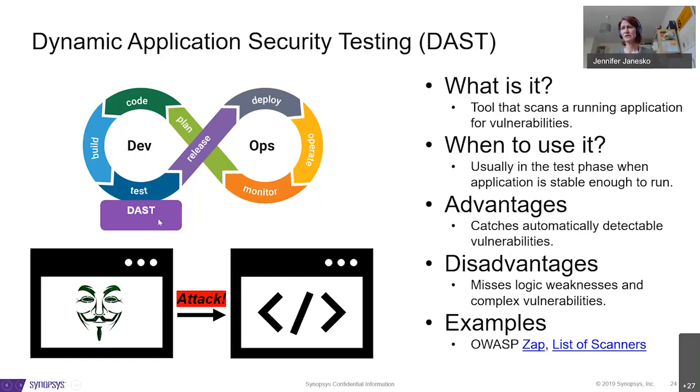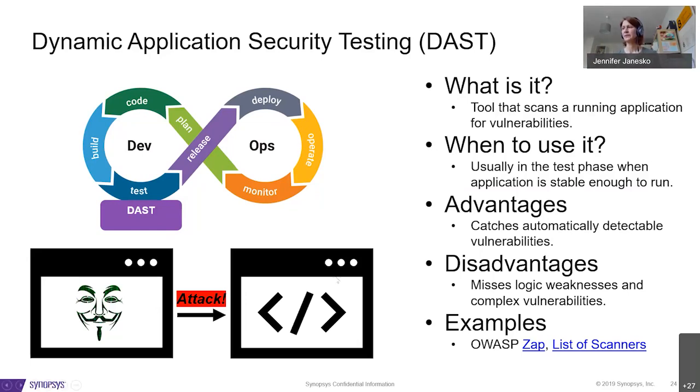And this DAST tool will actually simulate being an attacker. The DAST tool will attack and do very common attacks on your software in an attempt to show what weaknesses there are in the software.